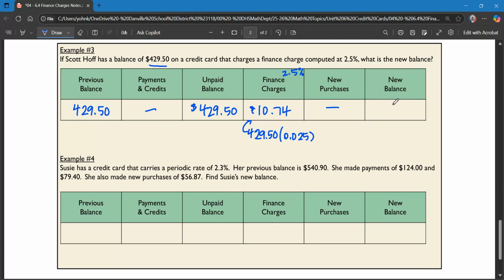So to find my new balance, I'm going to take my unpaid balance and add my finance charge. $429.50, and I'm going to add my finance charge of $10.74. That's going to give me a new balance of $440.24.